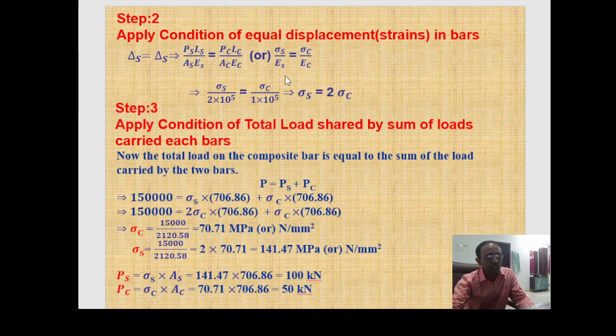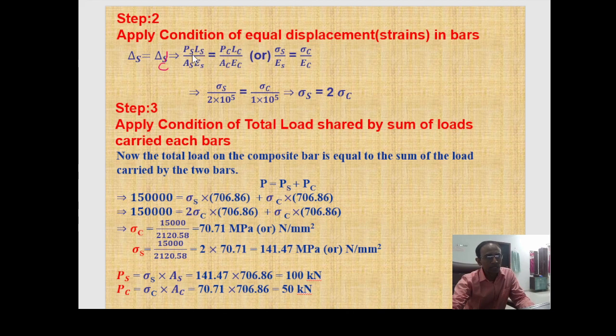You can get a relationship between sigma S and sigma C. When you use that extensions are equal, because the load is a tensile load, both are subjected to an extension. Extension of the steel must be equal to extension of the copper. Right? So PL by AE of this must be equal to PL by AE of that.